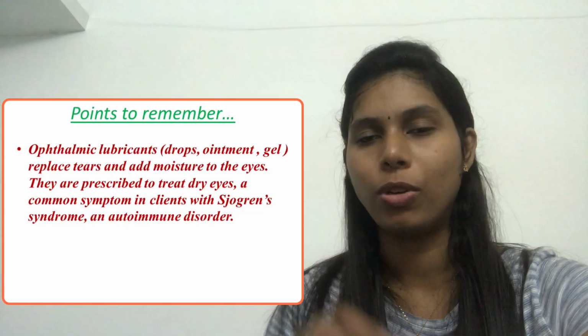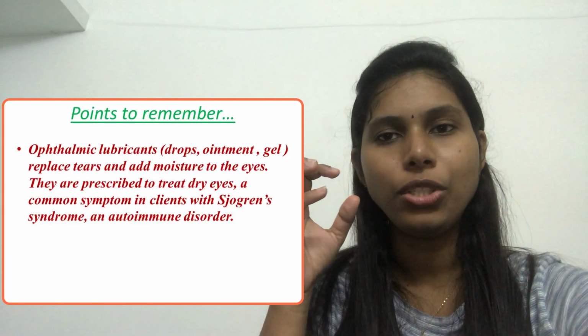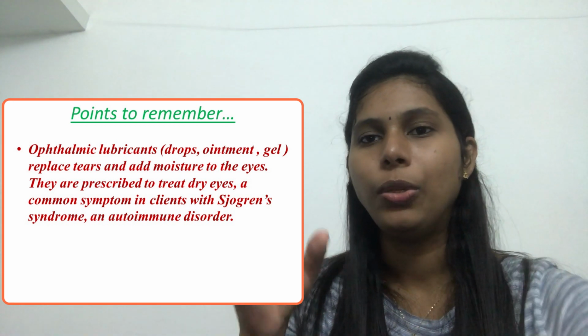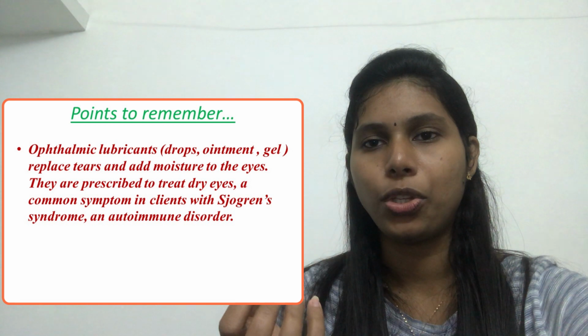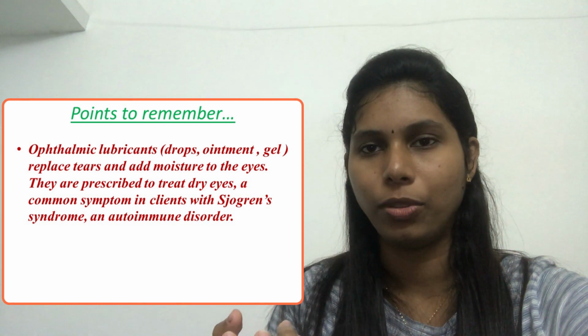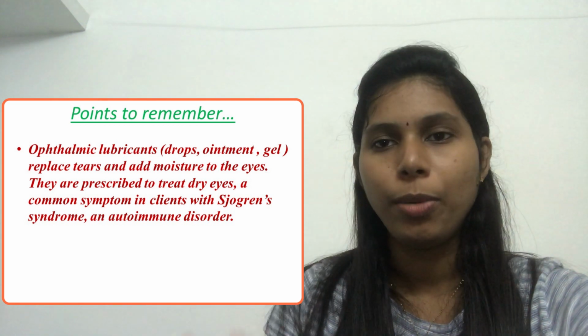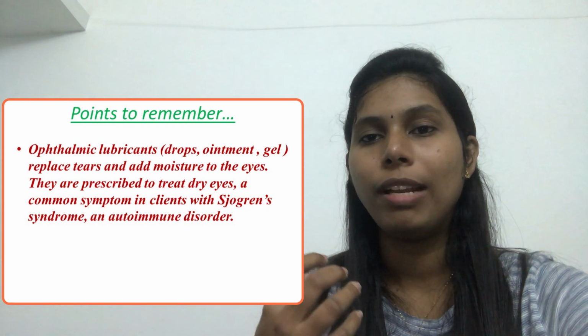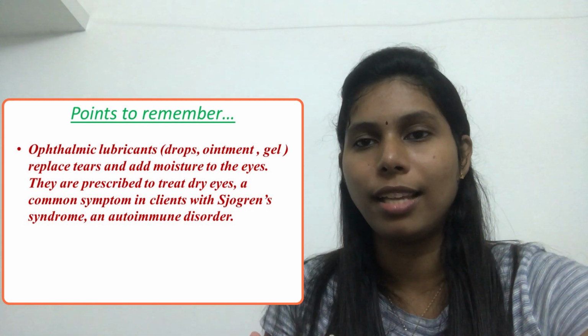When you see these questions, you might wonder how you will answer because you don't have a clear idea about Sjogren's syndrome. Actually, Sjogren's syndrome is an autoimmune disorder in which the client usually has clinical manifestations of dry eyes and dry mouth. When we hear autoimmune disorder, we know that our own immune system will attack the healthy cells.